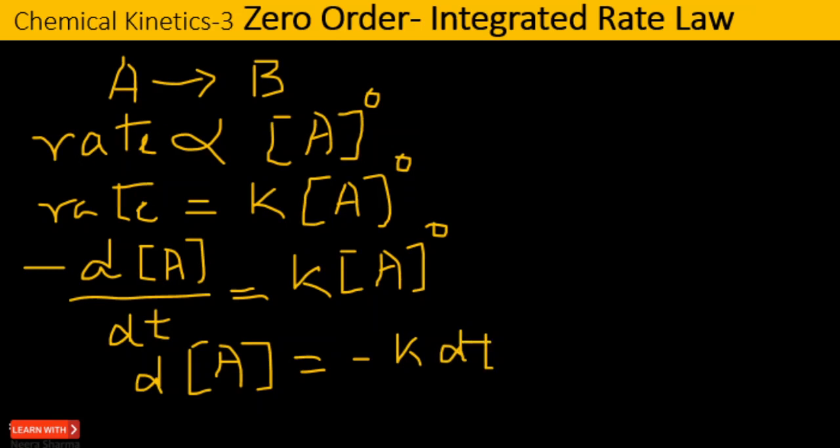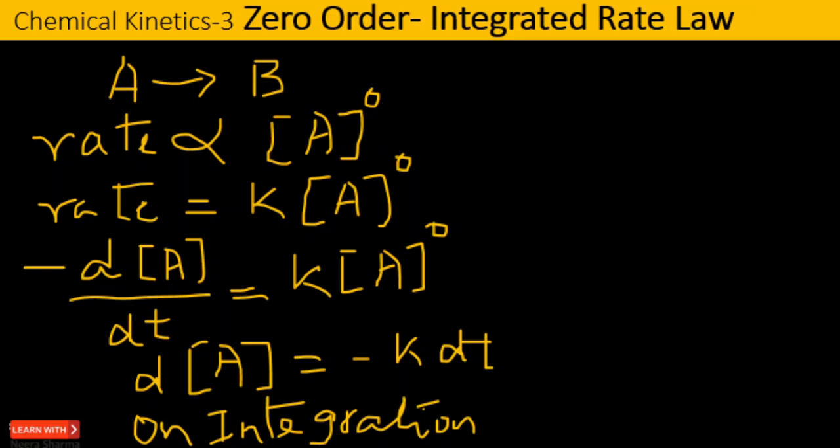Now on integration of this equation, we get the equation: concentration of A is equal to minus Kt plus A naught.